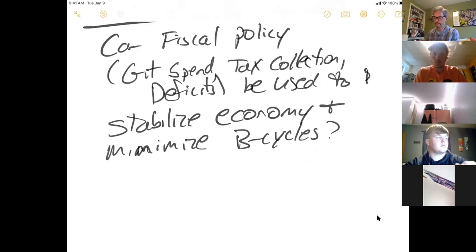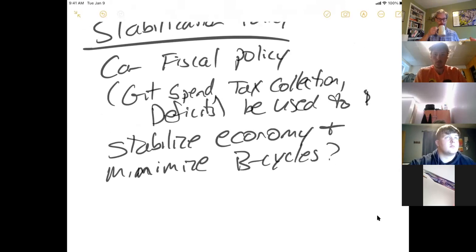Right? Can we use fiscal policy to stabilize the economy and to prevent, or at least minimize, business cycles?